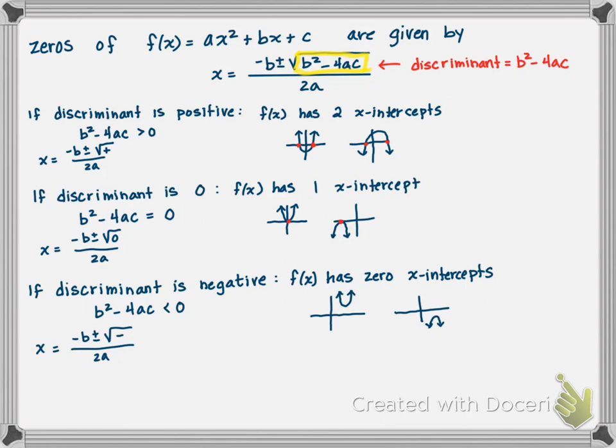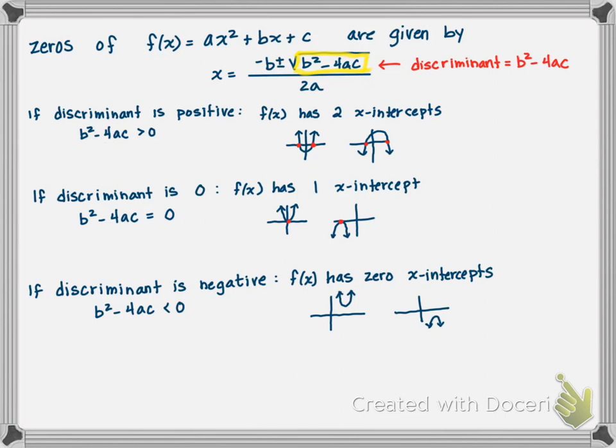So what that means is I don't need this whole thing to determine how many x-intercepts it's going to have. I do need it to figure out what the x-intercepts are, but in terms of classifying the graph as one that passes through the x-axis twice, just touches the x-axis and bounces back, or doesn't ever touch it, all I need is the discriminant to determine that.